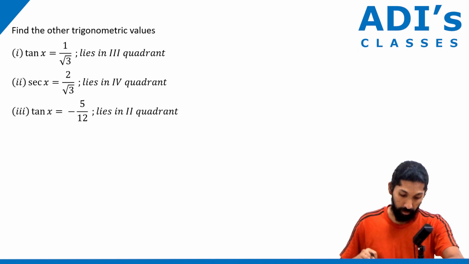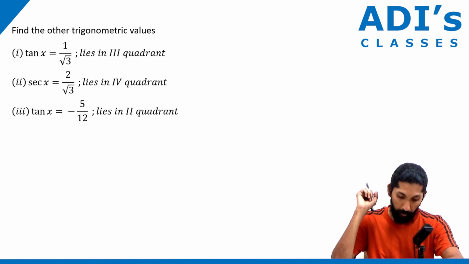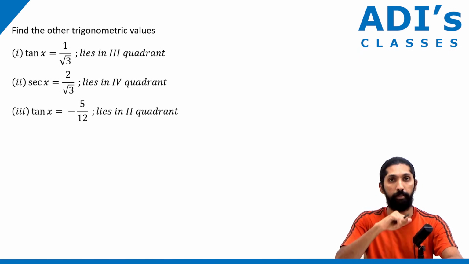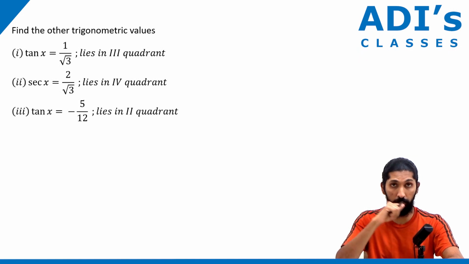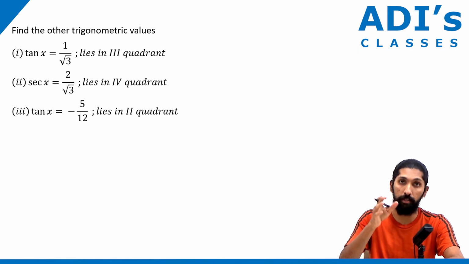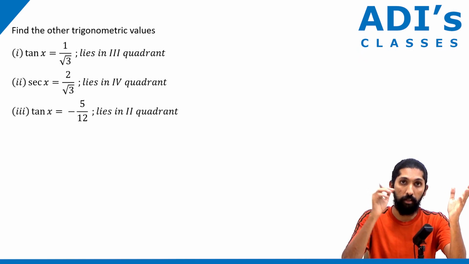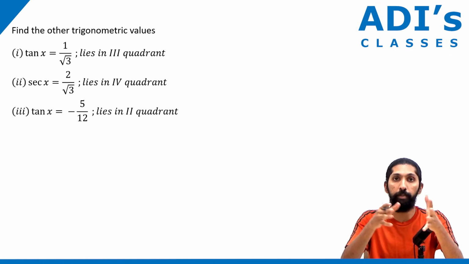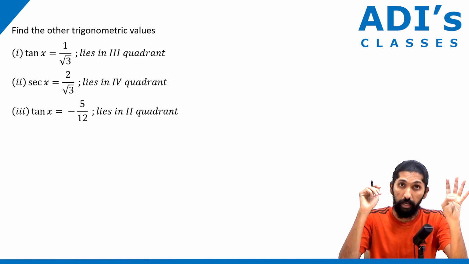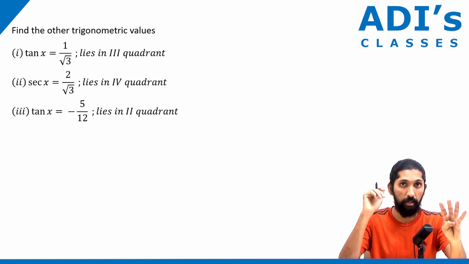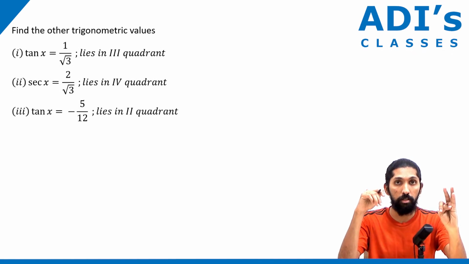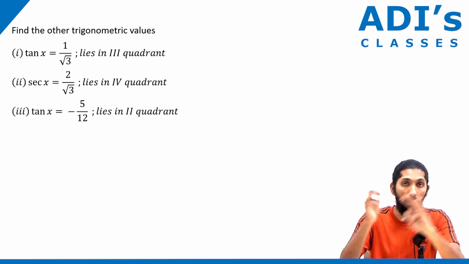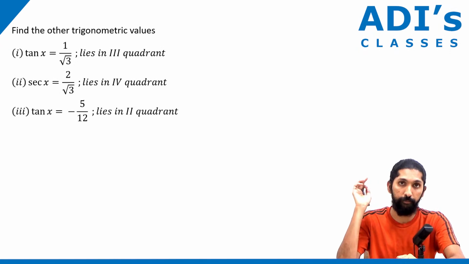Now, given question C, tan x is 1 by root 3, lies in the third quadrant. Since this is in the third quadrant, we need to understand that the rest of the values are going to be negative. Remember, sine is positive in the second, tan is positive in the third. That means sine, cos, and their reciprocals, all of them are going to be negative.